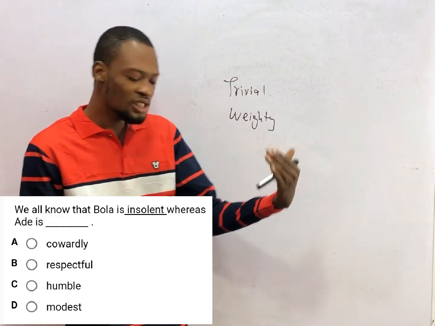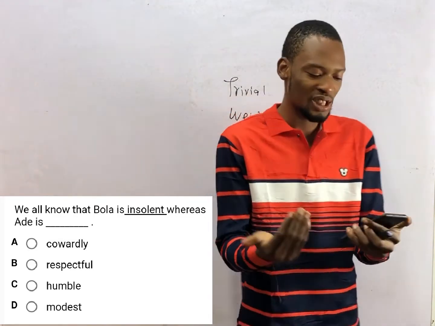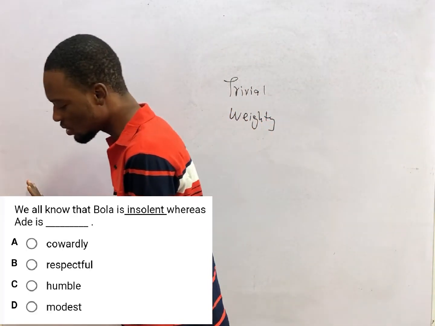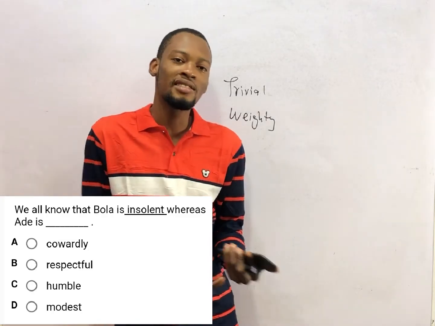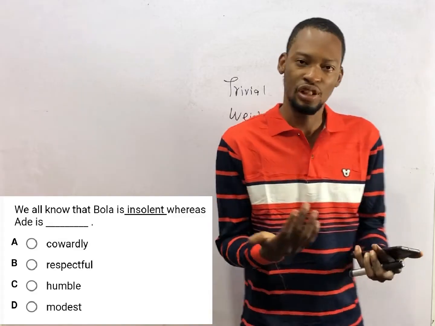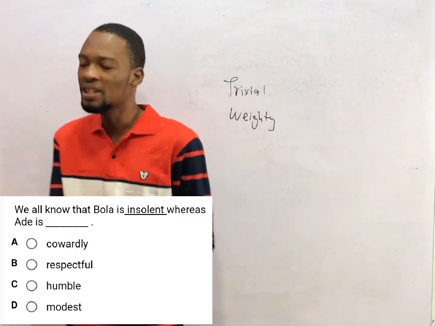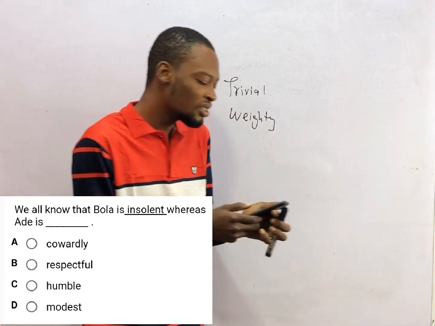So, Ade's respectfulness should contrast with Bola's insolence, which means we all know that Bola is insolent, whereas Ade is respectful. If Bola doesn't respect anybody, if Bola is rude, if Bola has disrespect, then Ade should be respectful to be the opposite or the nearly opposite in meaning to insolent.